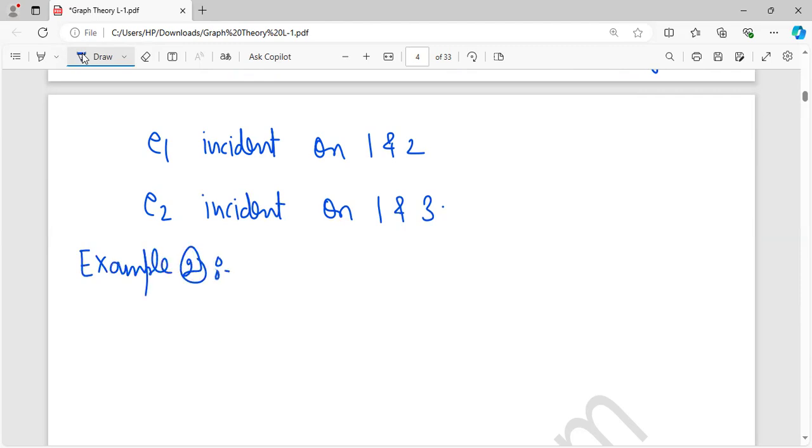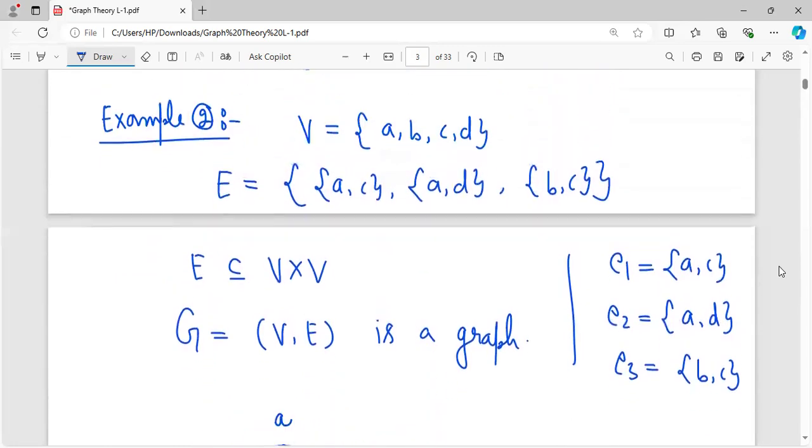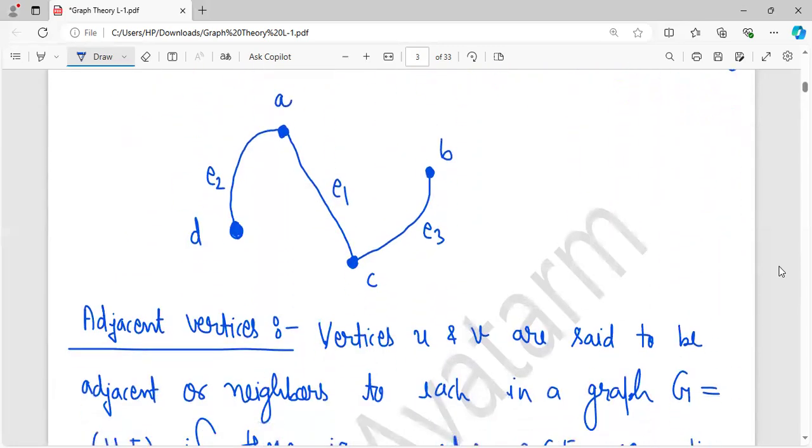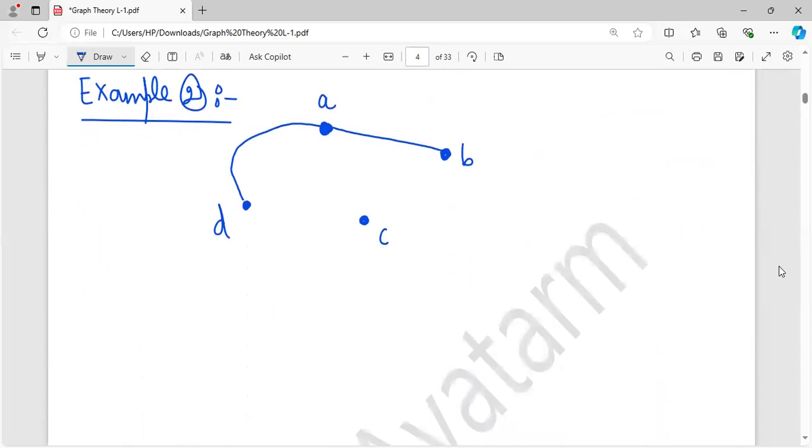So example 2, what was that? It was A, B, C and D. So A was connected with C and D, and B was connected with C. Let me see again. So this was E1, E2, E3.